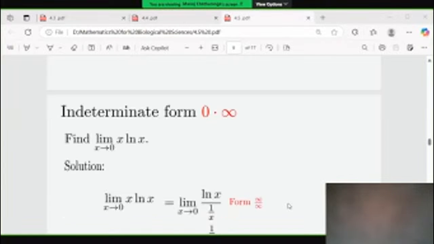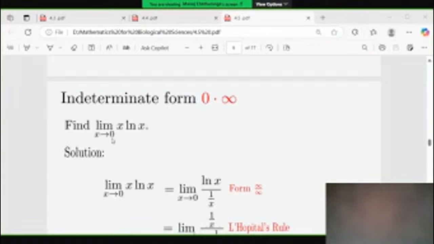For example, let's say x goes to 0 of x ln x. When x goes to 0, x is 0. But natural log of x has a problem. The domain of natural log is always positive real numbers, not negative, not even 0.